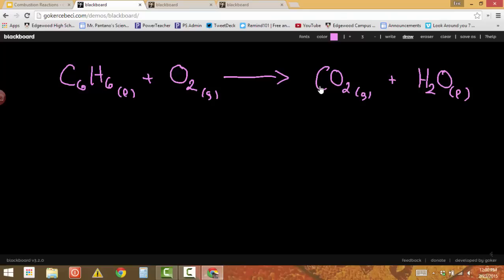Okay? Now I'm going to show you a little shortcut. You don't have to use this shortcut, but if you don't, you will find yourself having to go back and double everything because you're going to run into a sticking point. Here's the shortcut. Look at the hydrogens in the organic compound. Now this only works when you just have carbon and hydrogen here. Okay? Look at the hydrogens.